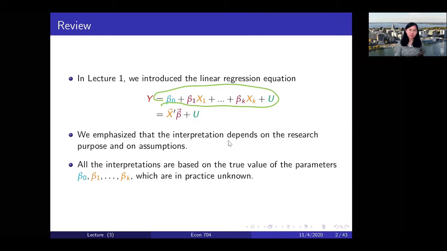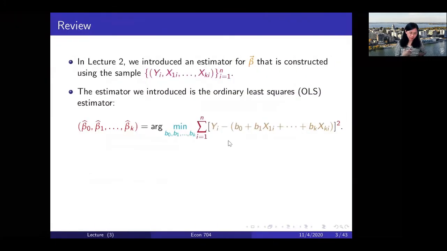Now, all those interpretations are based on the true population values of the betas. And those values are unknown. In lecture 2, we introduced an estimator for this true value of the parameter vector.